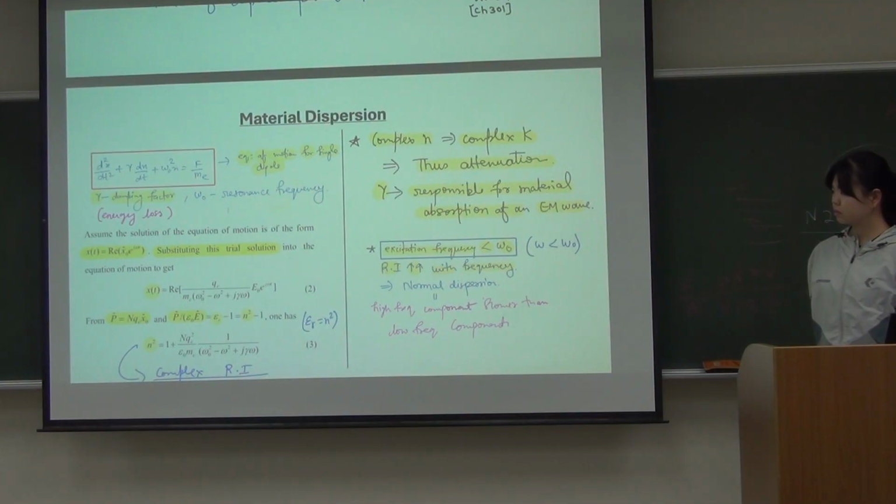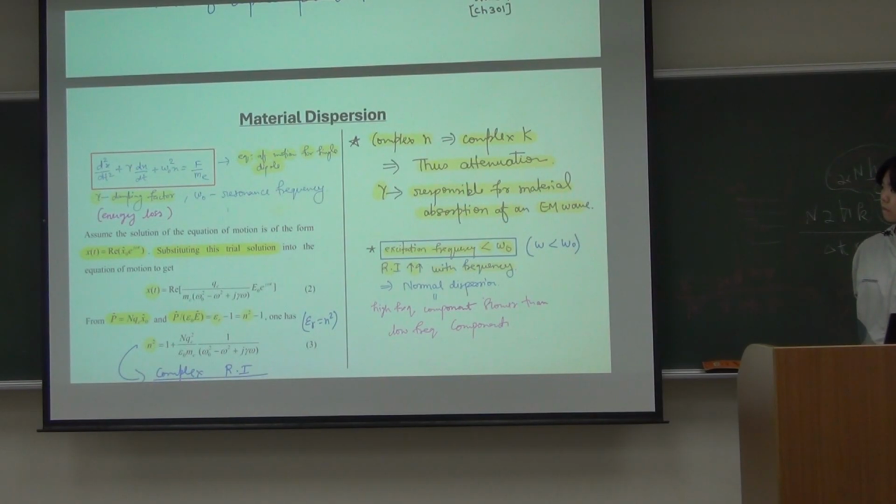And we call this the propagation constant. Okay, so with this, you can plot frequency versus beta. Beta is a function of frequency.